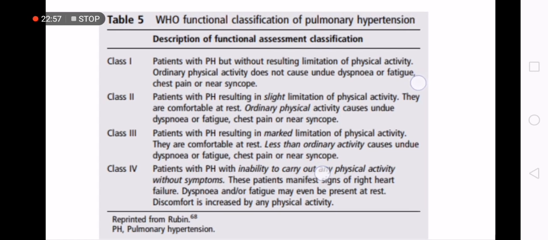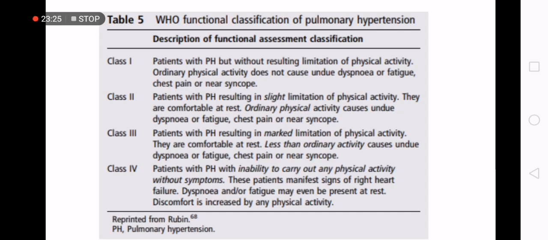This is the WHO functional classification of pulmonary hypertension, like the left-sided congestive heart failure classification by the WHO. Class 1 is patients with pulmonary hypertension but without the resulting limitation of physical activity. Class 2, slight limitation of physical activity. Class 3, marked limitation of physical activity.